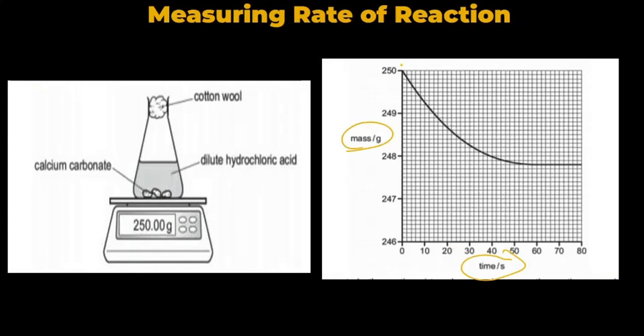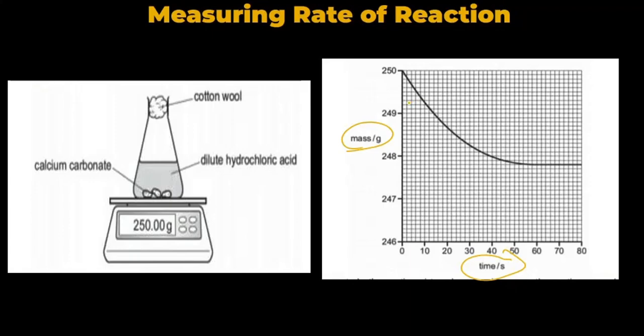So you notice that the curve appears to be moving from the top to the bottom. Okay, and it is reducing as time progresses. So at the start of the reaction, we assume that we haven't produced any carbon dioxide yet.